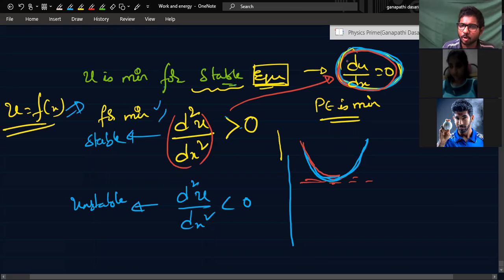If you differentiate U with respect to x, that is the first derivative. If you differentiate that first derivative with respect to x, that is the second derivative.